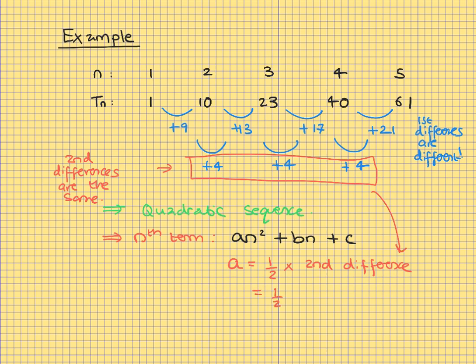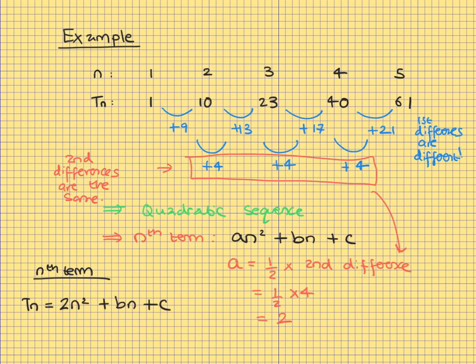So that's half of 4, which is equal to 2. So far we know that Tn, which is our formula for the nth term, will equal 2n squared plus bn plus c.